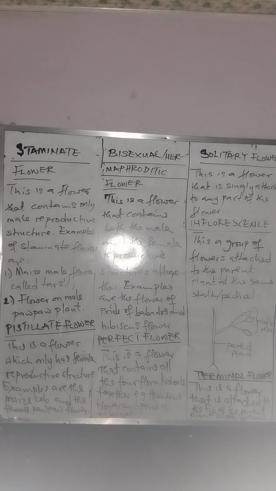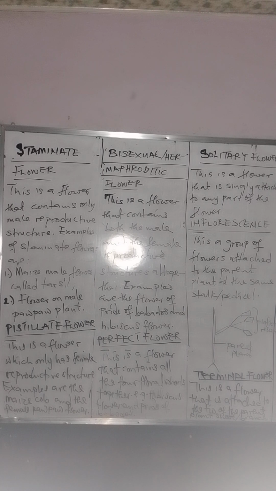Somebody will say we should say that perfect flowers are also bisexual flowers. No. All perfect flowers are bisexual flowers, but not all bisexual flowers are perfect flowers. What do I mean? Look at the male purple flower.